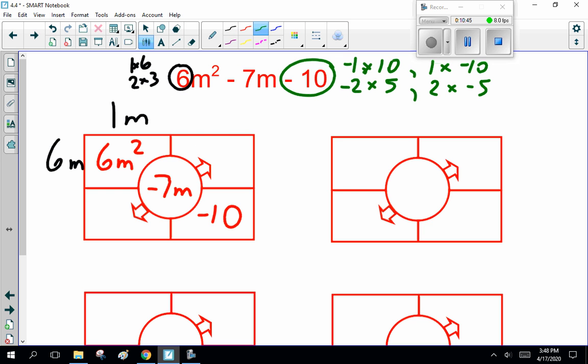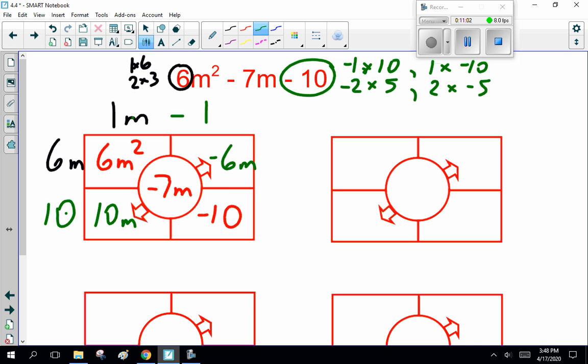They're nice enough to give me this lovely smart board. I should color code it. 1m times 10 is 10m. Minus 6. Nope, that doesn't work. That gives us minus plus 4, not minus 7.